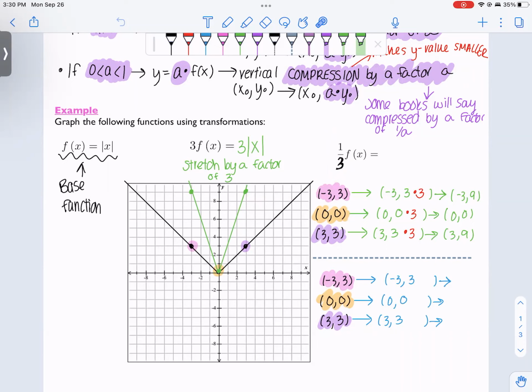1/3 f of x. Here we have a number being multiplied outside the function. That's how we know it's a compression or a stretch. 1/3 is less than 1, so this is going to be a compression.